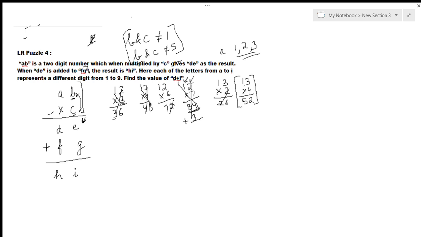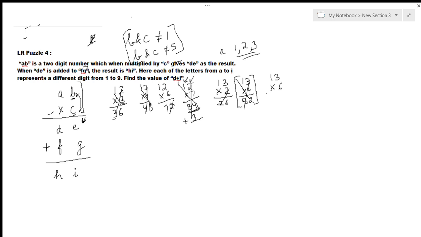But will this lead to the correct answer? Certainly not, because I have used all the digits from 1 to 5. What is the smallest number that I can add over here? The smallest number that I can add is 60 something. If I add 60 something to 52, it is obviously a 3-digit number. So eliminated. 13 into 5, not possible.